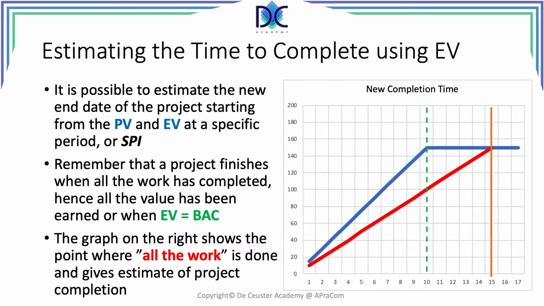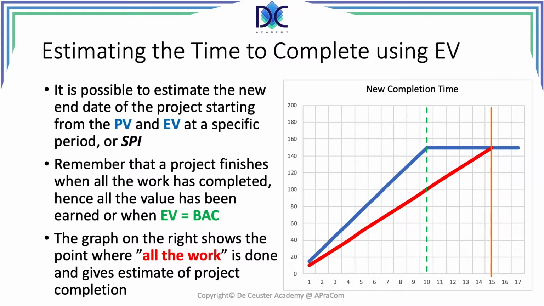Now let's assume that we continue working on the project with the same SPI, the same performance, the same proportion related to the planned value. And we continue working on the project at the same rate and create deliverables at the same rate.